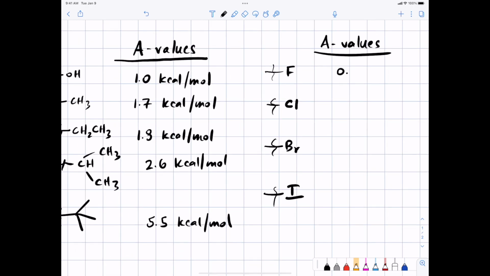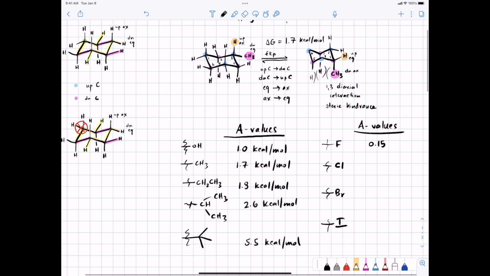So for fluorine, it's 0.15. That means that there's almost no free energy difference between having fluorine equatorial versus axial. The reason for that, of course, is fluorine is small, and this tells you it's almost the size of hydrogen.